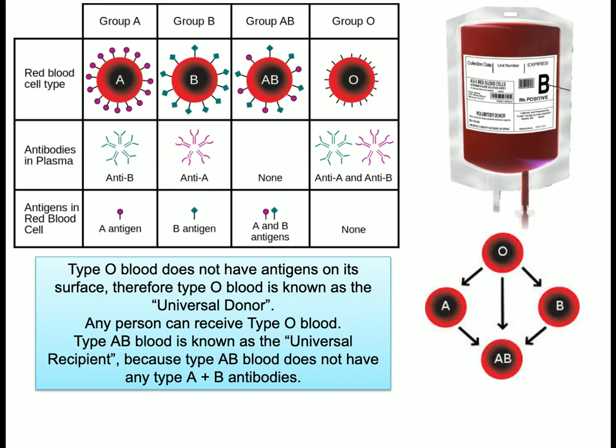So type A people, they can't get type B blood because they have these antigens. They don't really work well with each other. But type O doesn't have any of those antigens, so it can give blood to anybody. Type AB is the universal recipient because it has both A and B antigens, so you can just get anybody's blood.